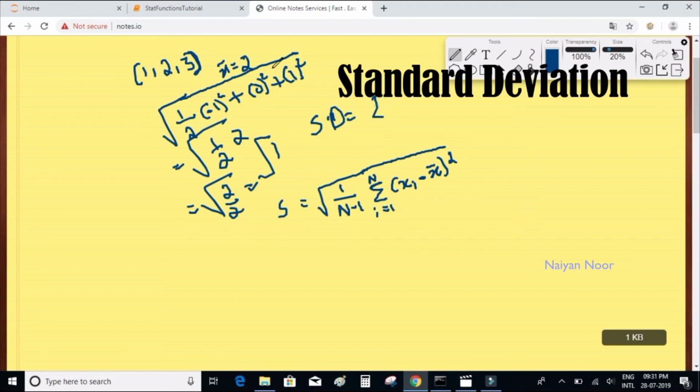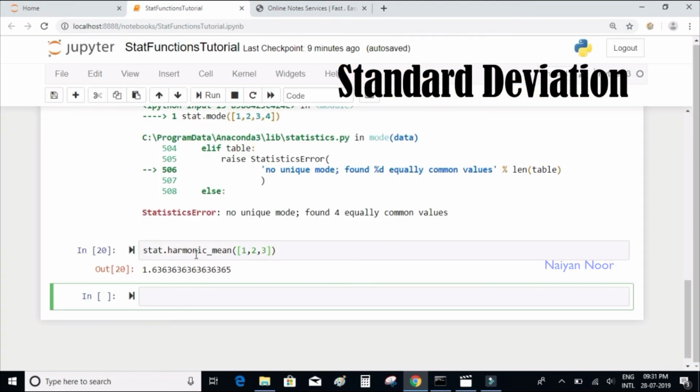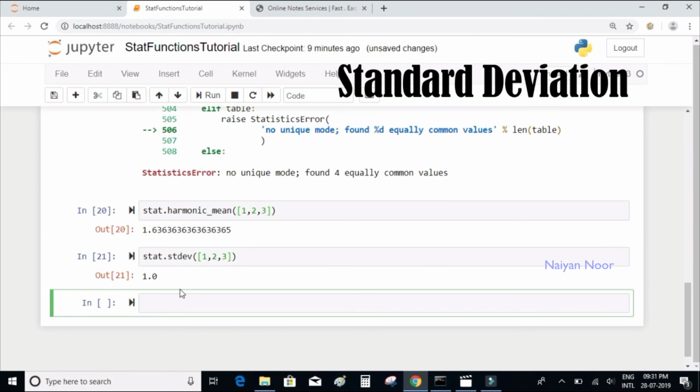Let's try to find this out by using a function. stat dot standard deviation of 1, 2, 3. That's about standard deviation. Now we want to find out for another set of numbers where the standard deviation is more.